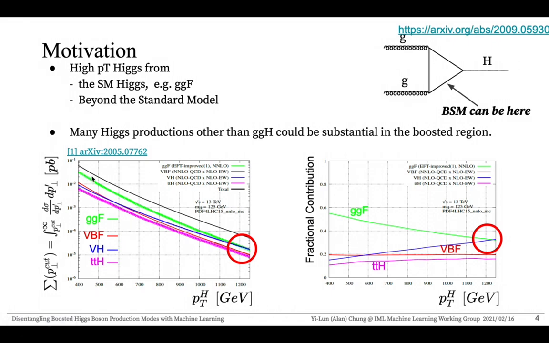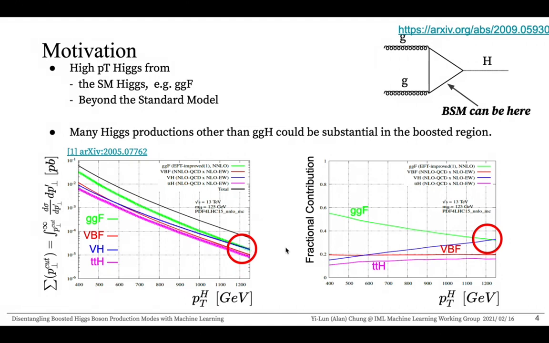From this plot, we can learn gluon-gluon fusion is clearly the largest production process. However, when you look at high transverse momentum up to 1.2 TeV, VH starts becoming comparable with gluon-gluon fusion.